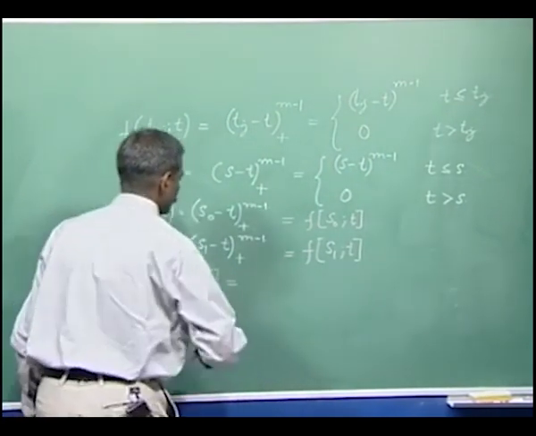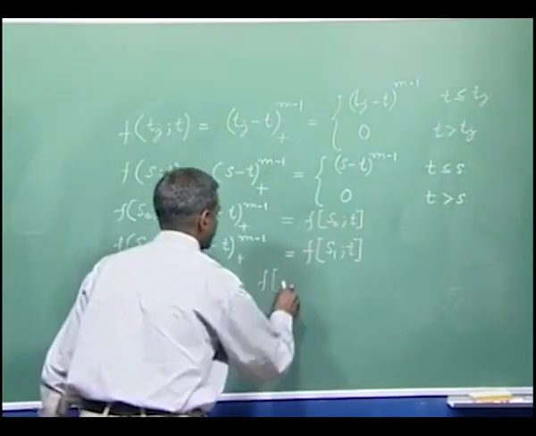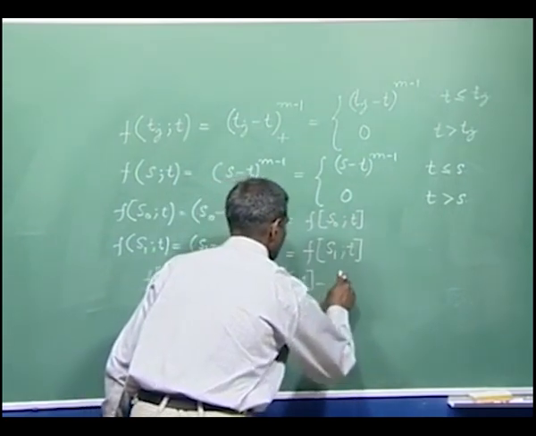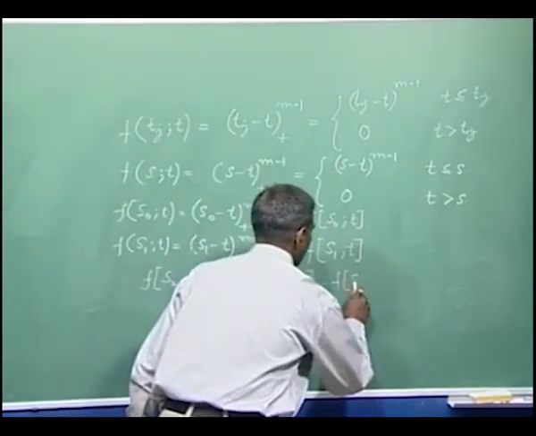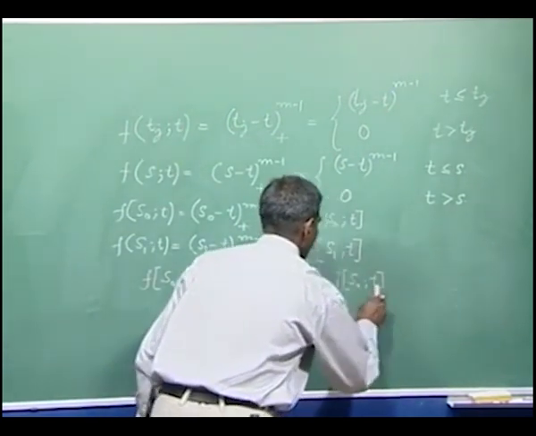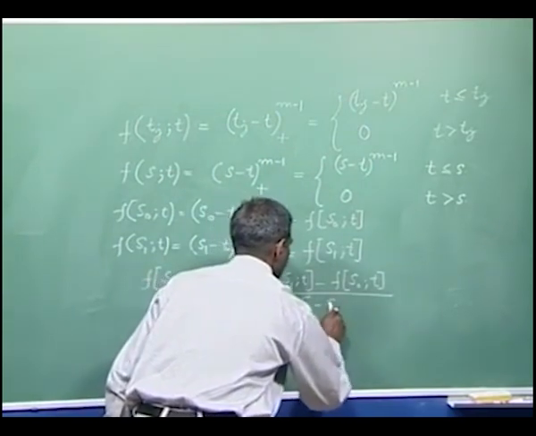This is equal to f[s1 : t] minus f[s0 : t] over s1 minus s0.